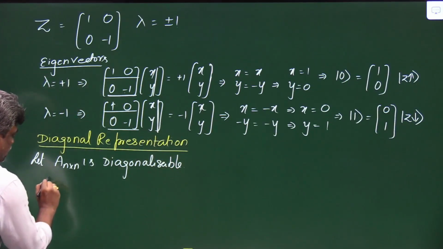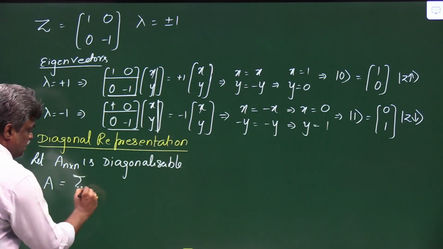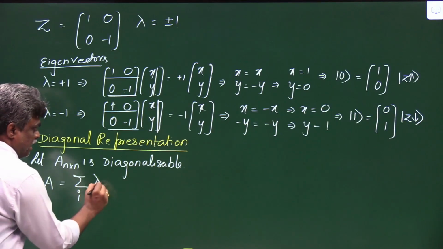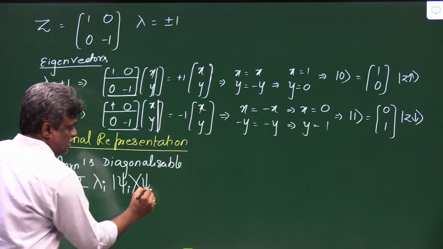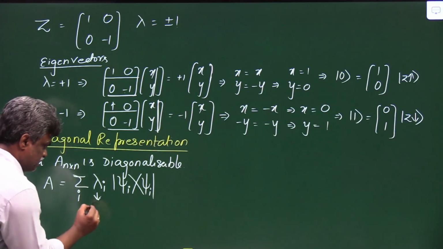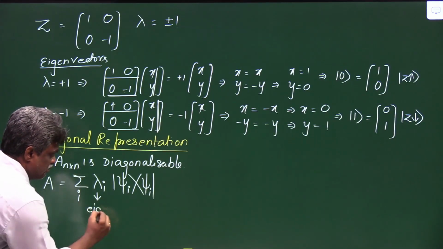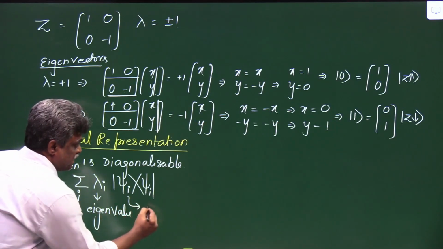Then we can write this matrix A as a linear combination, summation over i, lambda i, outer product of psi i with psi i. So what is this lambda i? This is the eigenvalue, and psi i is the corresponding eigenstate.